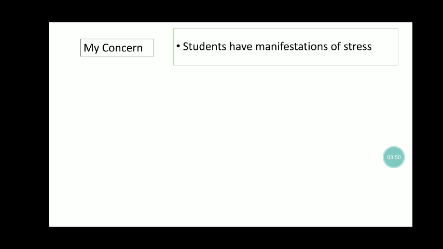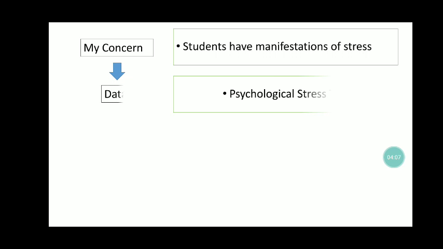This time, I will show you some examples on how to use CDIP in developing a topic or purpose and proposed research title. For example, in the class, I have noticed that my students have shown some manifestations of stress. To determine if my students really have experienced stress, I need to conduct a psychological stress test.